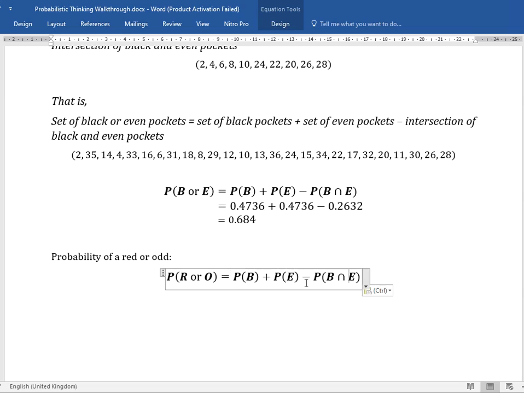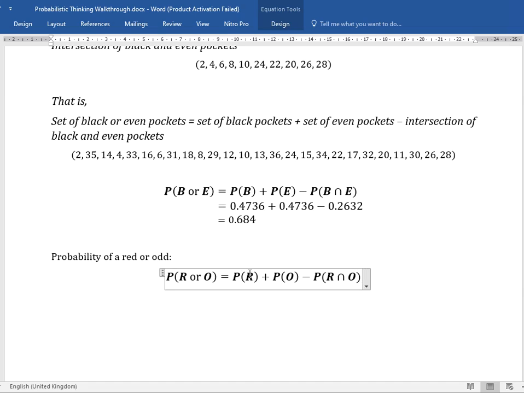You can have an outcome that is a red and an odd. I'm guessing we might likely have the same probability here, so we should check. The reason I'm guessing that is because we have the same number of red and black, and the same number of odds as even. So computing this is more or less computing the probability of black or even. The only difference is that the outcomes are different, but the number is going to be the same.